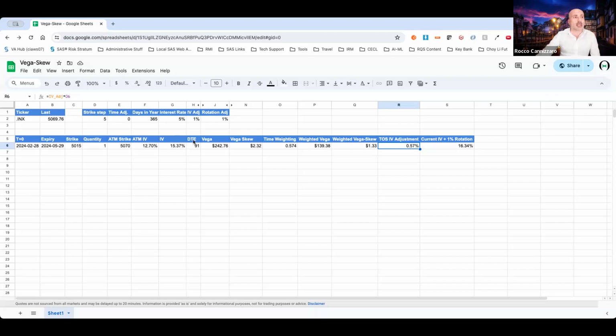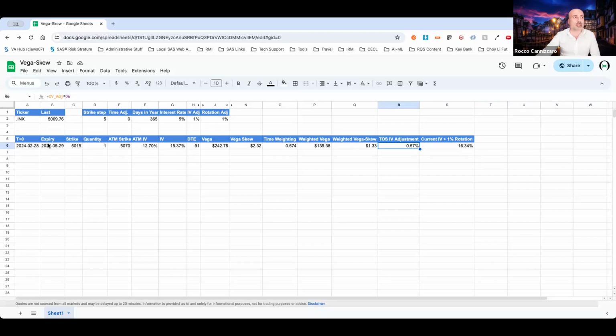Why is that? Because this is an option which is 91 days away, so the effect of the weighting is going to be lower, and I only have to increase the volatility by 0.57 to simulate it.